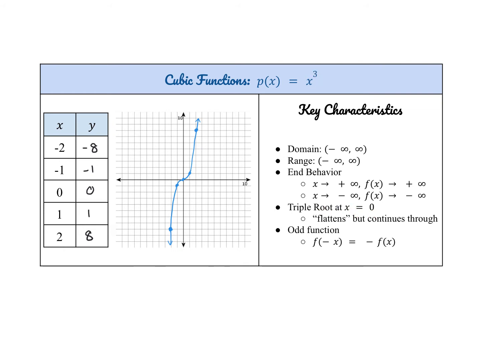Because we have that x cubed, it's like having the zero of 0 three times, so we call that a triple root. What this does to our graph, which we'll learn about in the next section, is flatten out our graph, but it continues on through. So that's what's causing that curve in our graph. And the parent function is an odd function because f of negative x equals negative f of x.